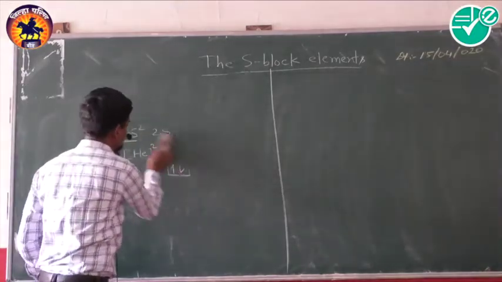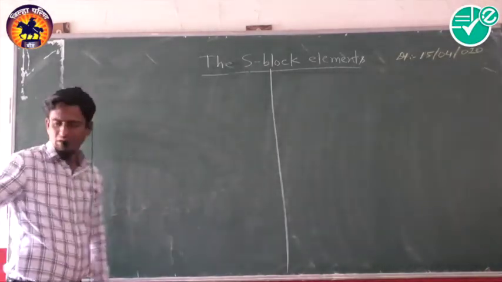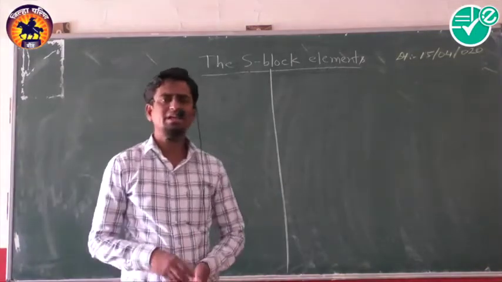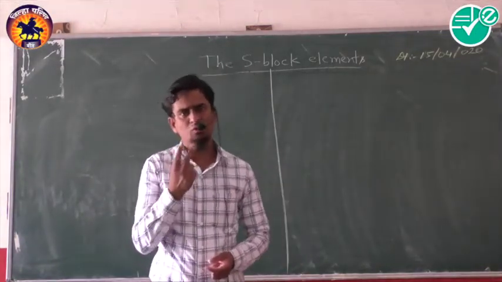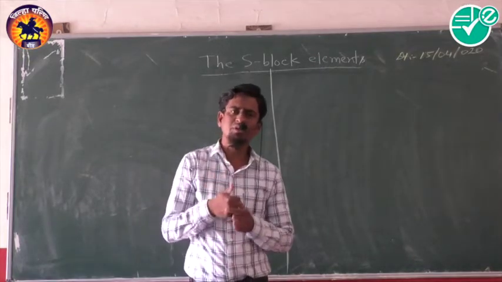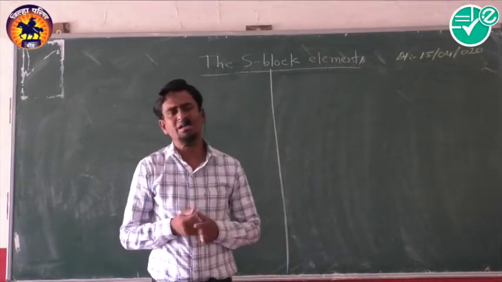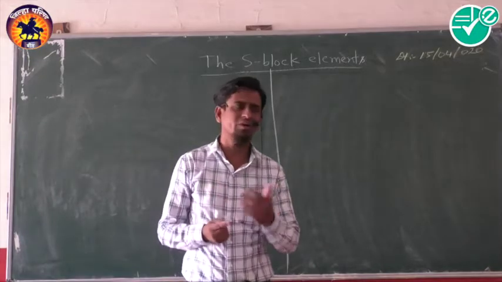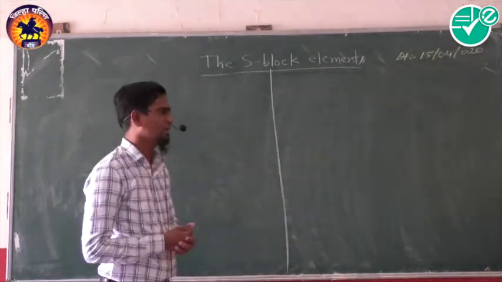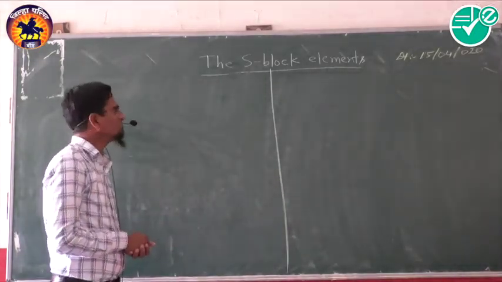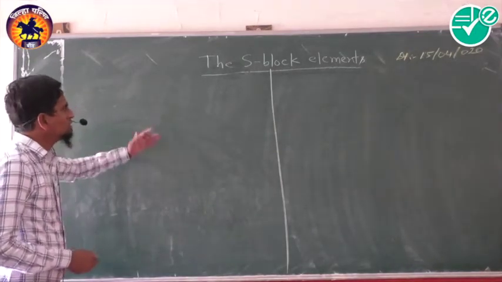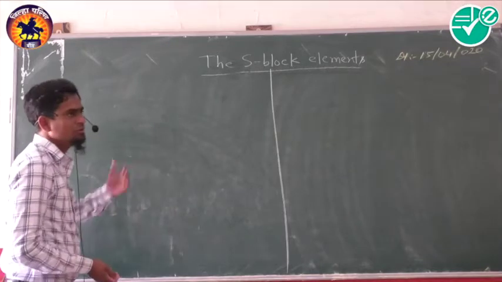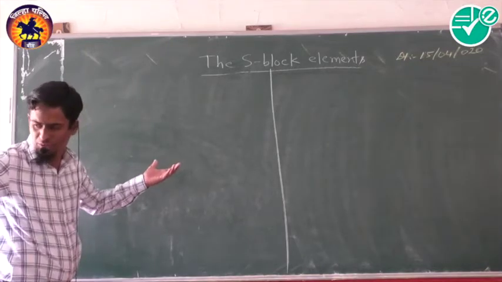Now, as you know, the S orbital contains only 2 electrons. Its capacity is 2 electrons, whereas the P subshell has a capacity of 6 electrons, D 10 and F 14. Now, there are two groups on the basis of the capacity of the S orbital.